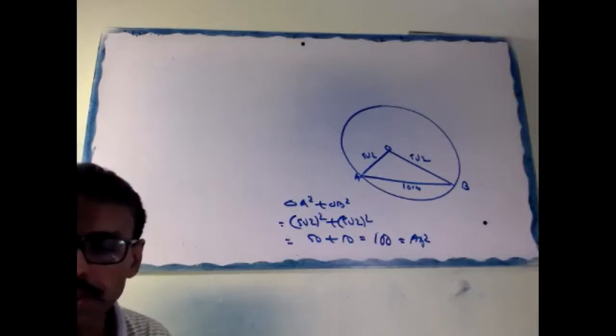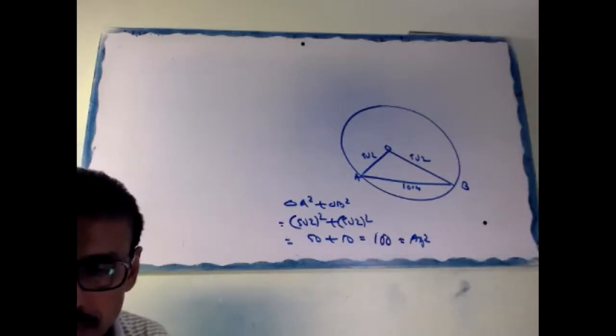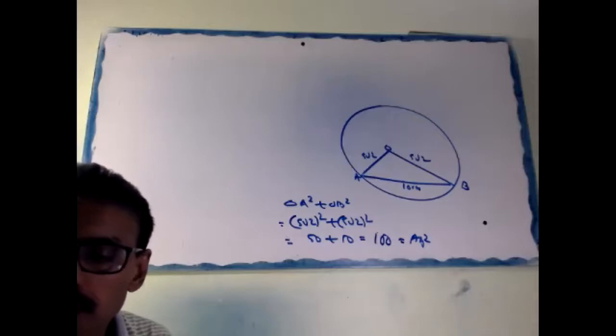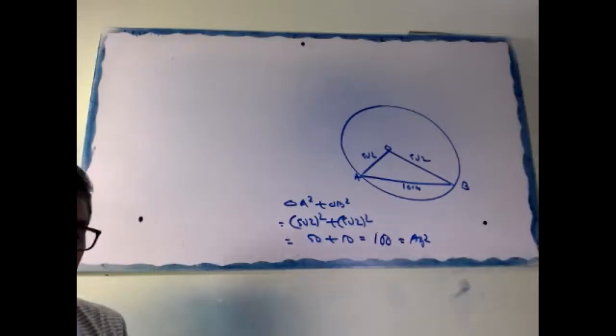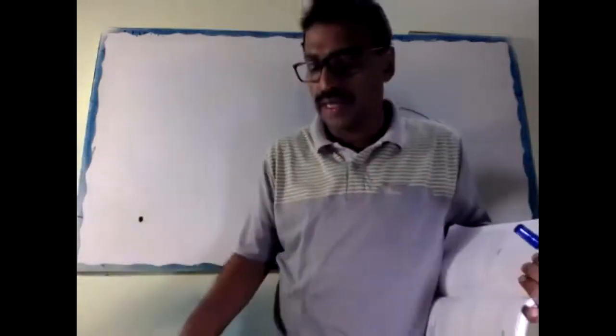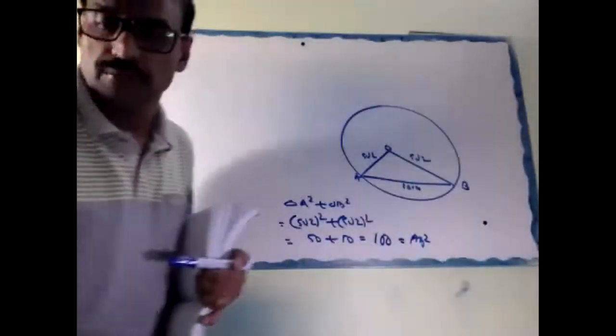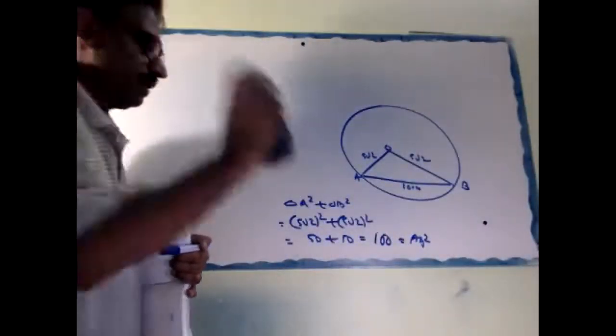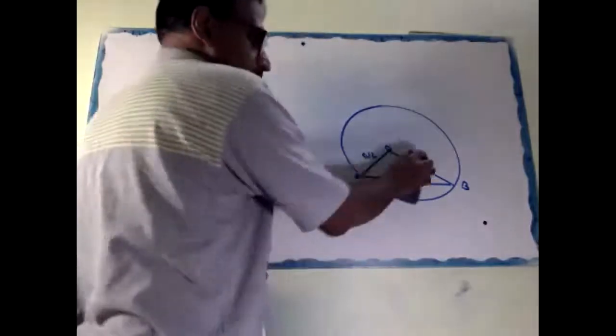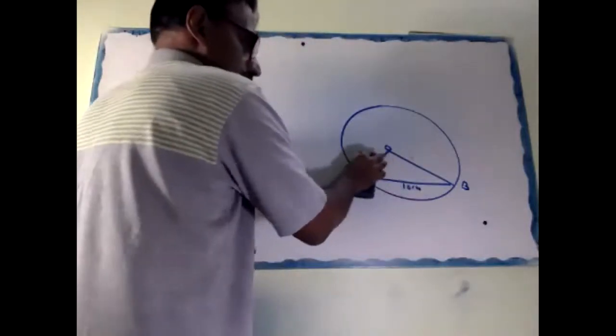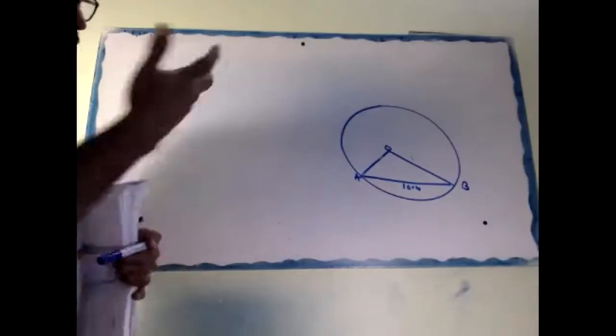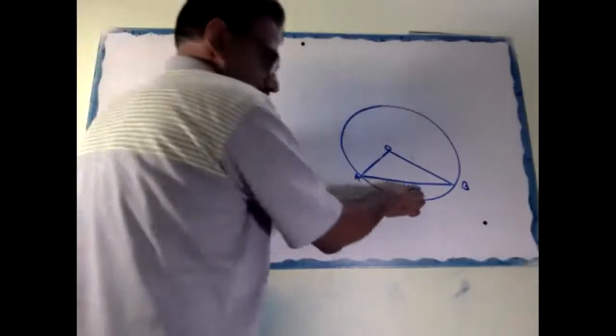So, look at here the plan, understood now? Suppose you're not getting the angle, what will you do? You're not remembering this Pythagoras theorem and all.